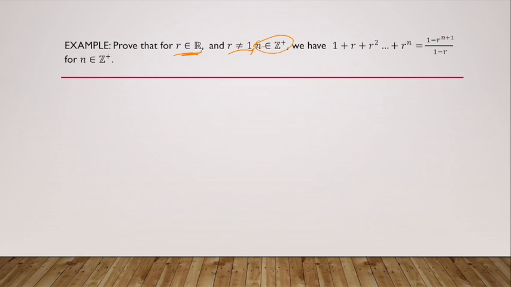Since, if I let n equal 1, I'm going to have this. It's going to give me 1 plus r equals 1 minus r to the 1 plus 1 over 1 minus r. That gives me 1 plus r equals 1 minus r squared over 1 minus r.